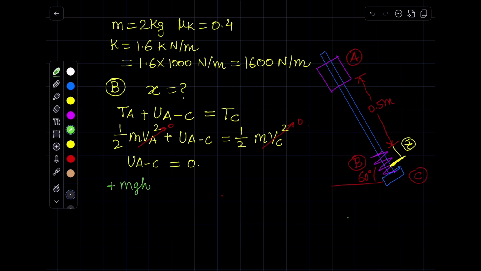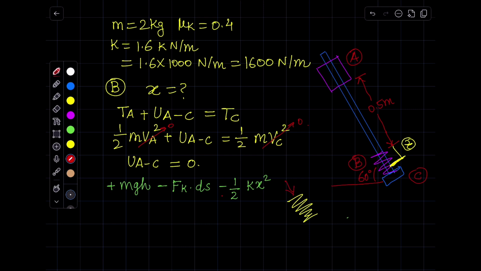The mgh will be positive because it's going down; when something is falling down, the work due to gravity is positive. Then you have to subtract the work due to the friction. So you can write a simple formula, Fk multiplied by ds, where ds is the distance, and minus half kx square is for the spring work.